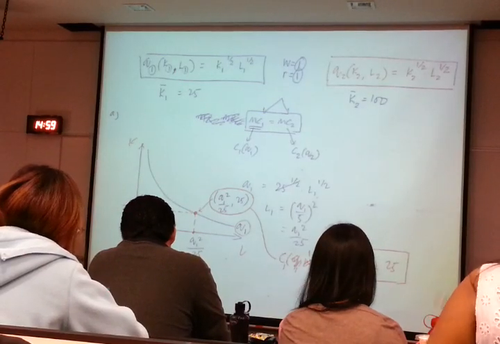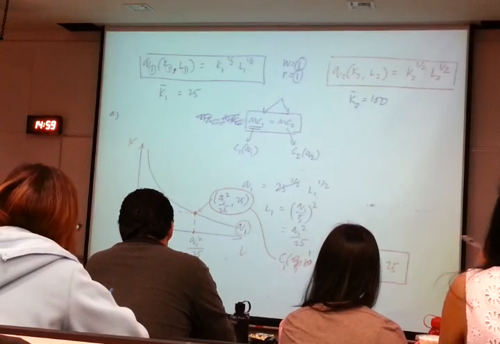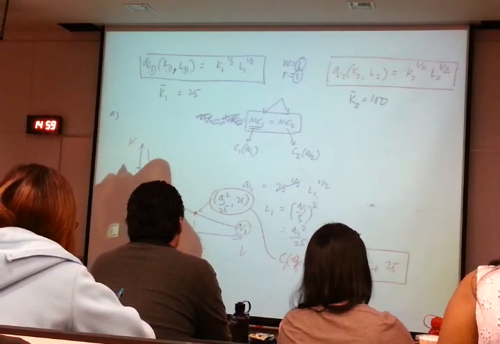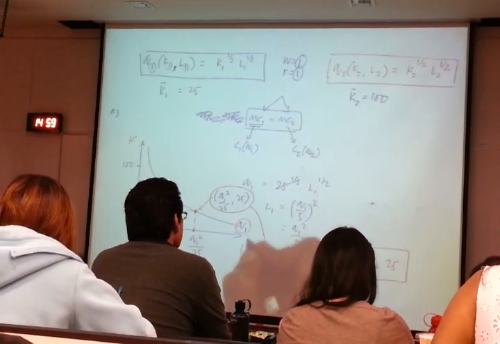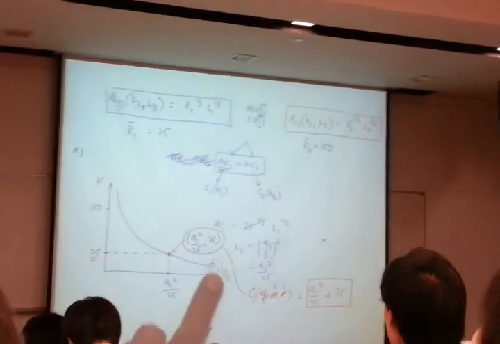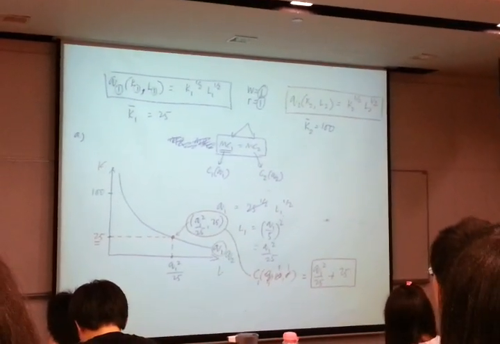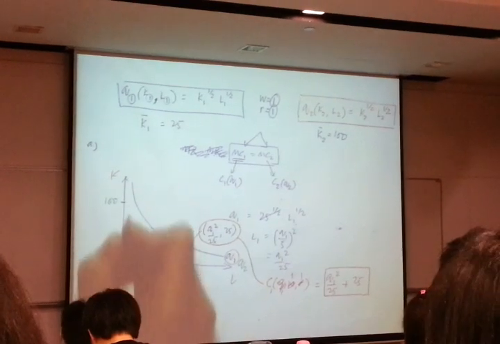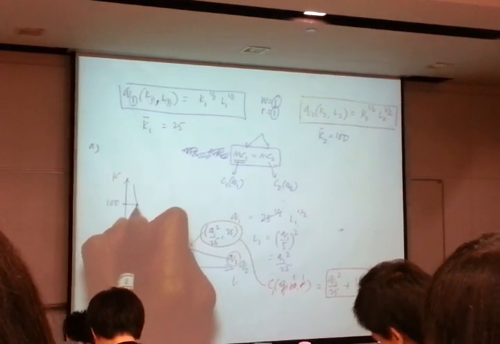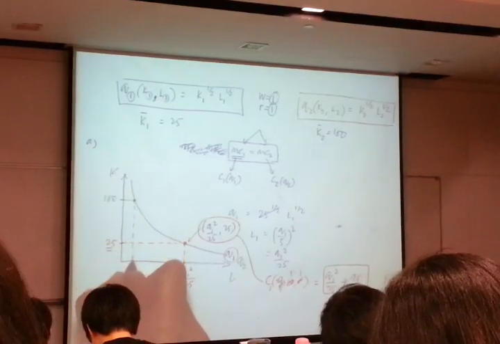Similarly, for plant 2, what do I know? Plant 2 capital is fixed at 100. So now I am looking at Q2, okay? This is the output level Q2, not Q1 anymore. And therefore, the same idea as before. In the short run, there is only one input bundle I can use.